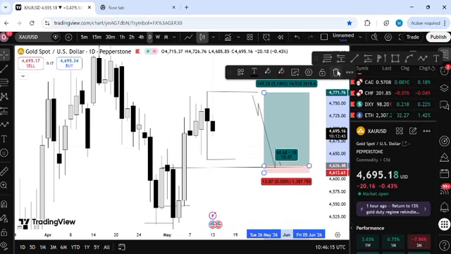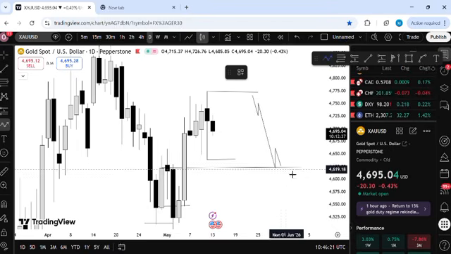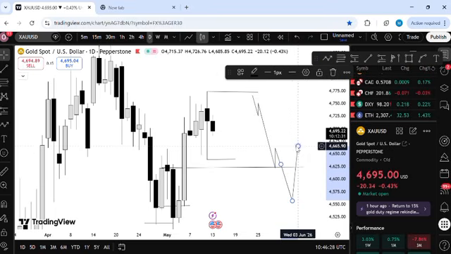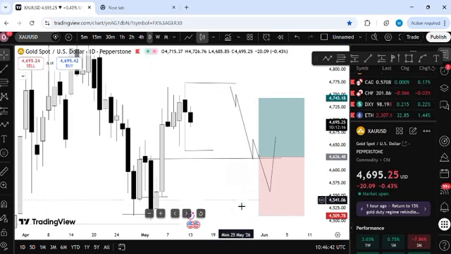Because one thing about market is, market can come here and still decide to push down a little bit like this before rejecting and closing above. So that's why it's always good to wait for confirmation. Imagine those entering here with a small SL, buying from here and putting their SL here.